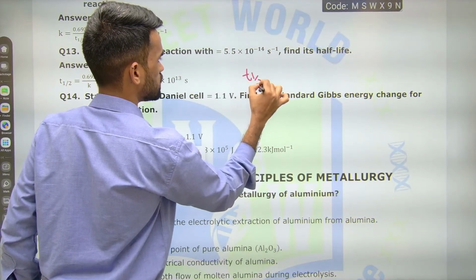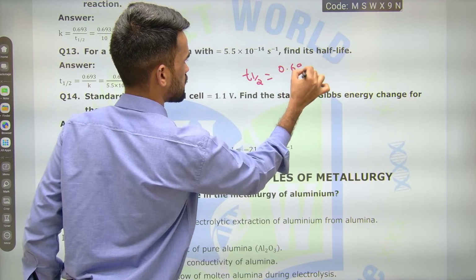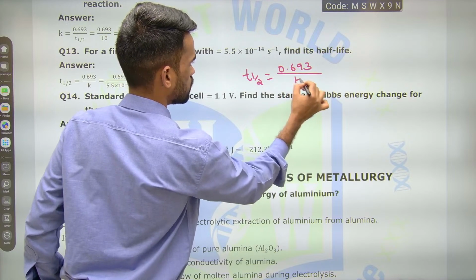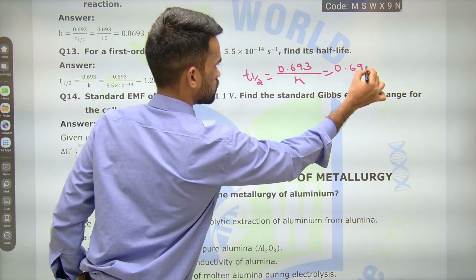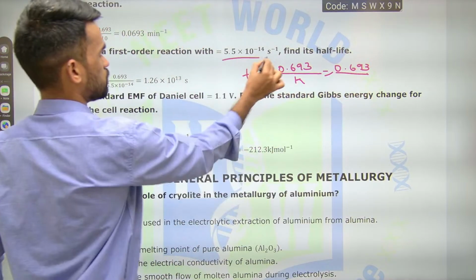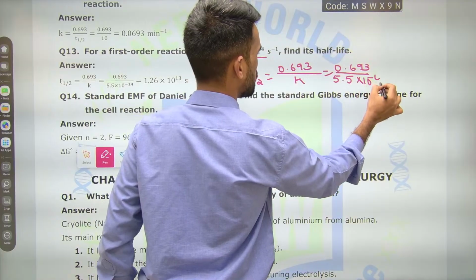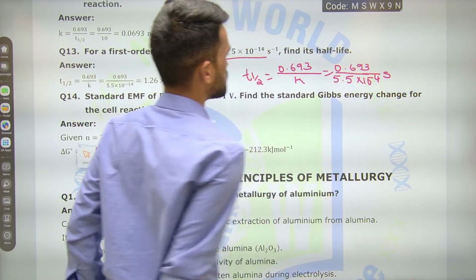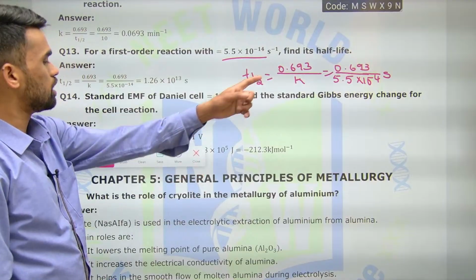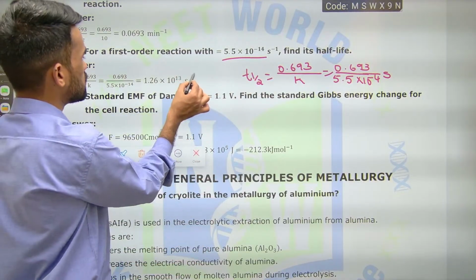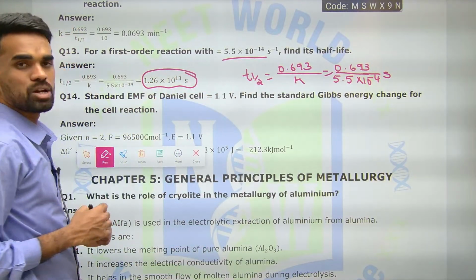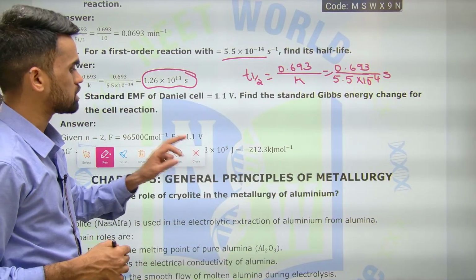T half is equal to 0.693 by K. What is K mentioned here? 5.5 into 10 power minus 14 second inverse. So I am writing seconds in the numerator. On simplifying this, you are going to get 1.26 into 10 power 13 seconds. That will be your answer for the question.